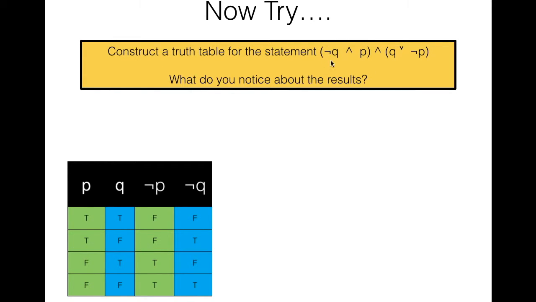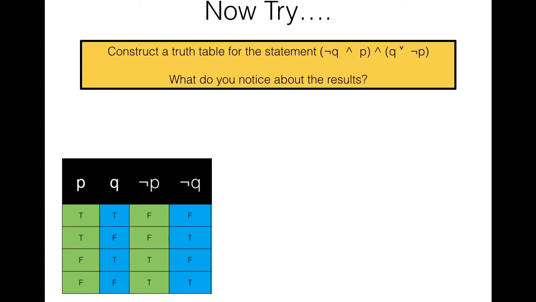So we've got not Q, so we're going to pay attention to this column here, and P, so a conjunction. For a conjunction to be true, you need both statements to be true.